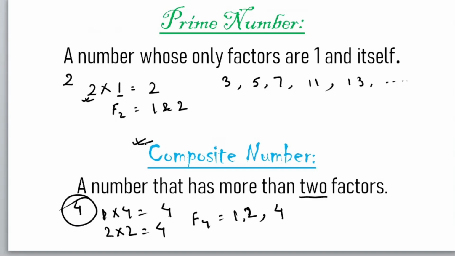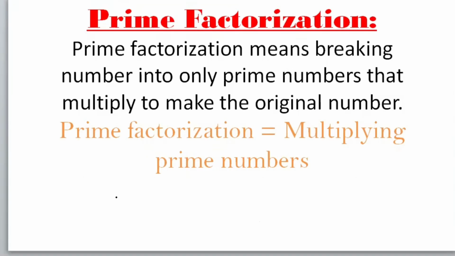Now let's see what prime factorization is. Prime factorization means breaking a number into only prime numbers that multiply to make the original number. Prime factorization is equal to multiplying prime numbers. Every number is made up of smaller numbers, just like a Lego house is made up of small Lego bricks.